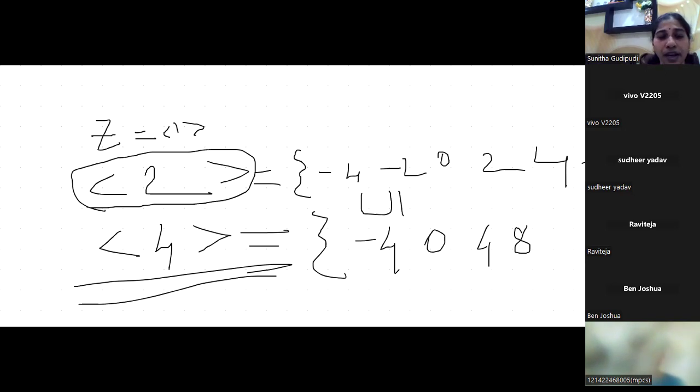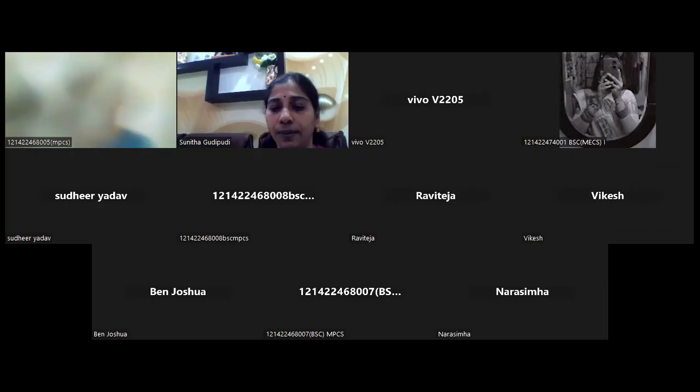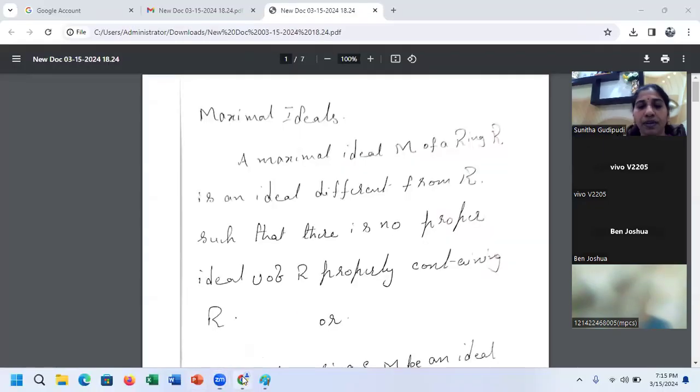But when I consider the ideal generated by 2, there is no ideal in between the ideal generated by 2 and the ideal generated by 1. So what we say is, this ideal generated by 1, we call it the ring, and the ideal generated by 2, we call it a maximal ideal.